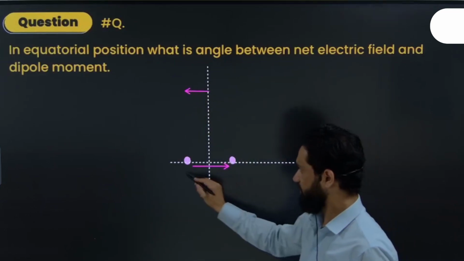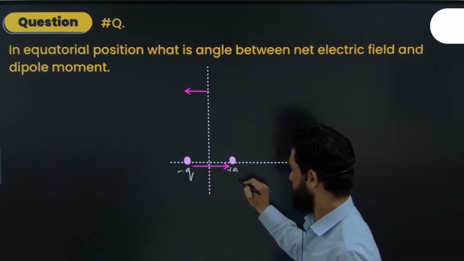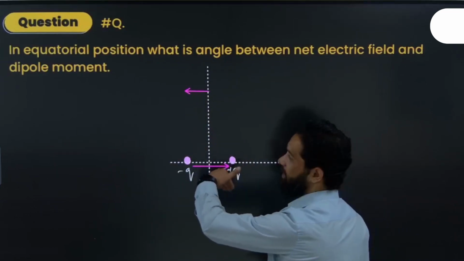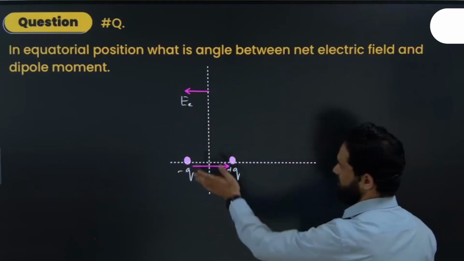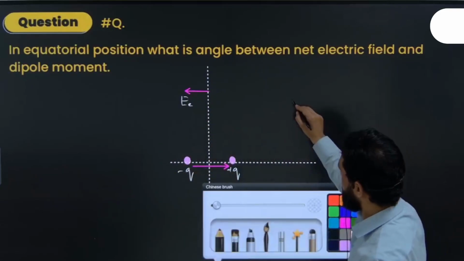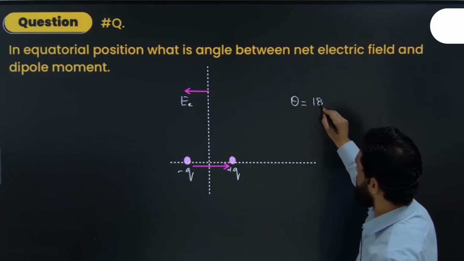As we did previously, if it is a dipole minus q plus q, if the dipole moment is towards right, electric field is towards left on an equatorial. So if one vector is right, one vector is left, what is the angle between them? Angle between them is 180 degree.